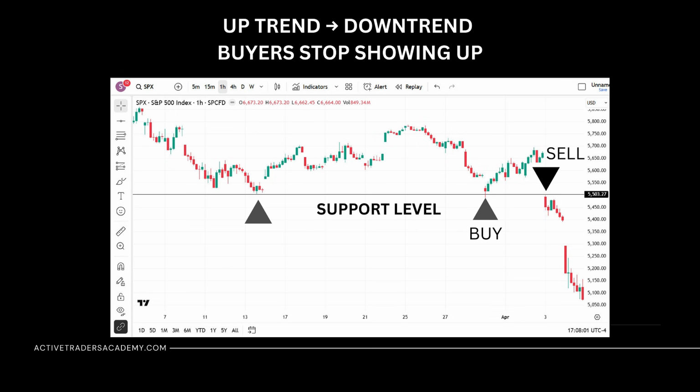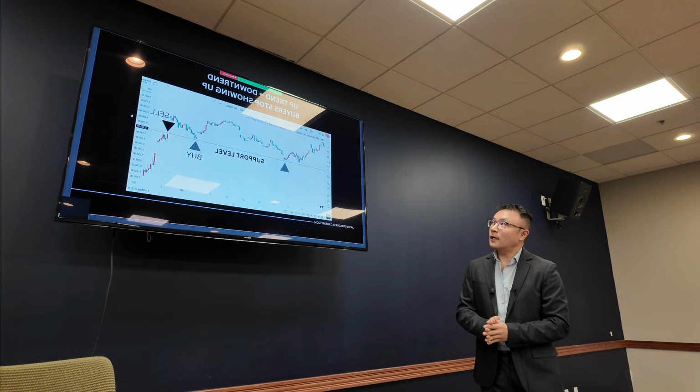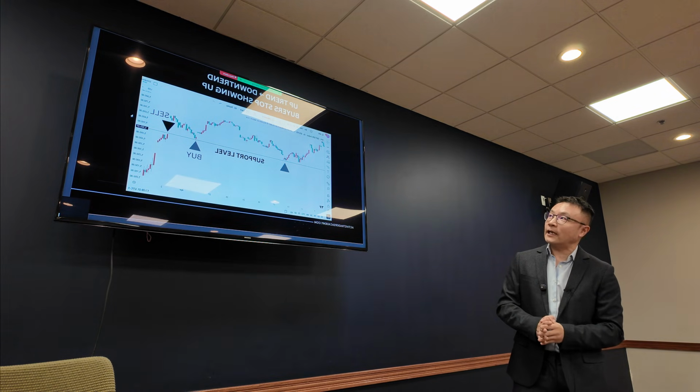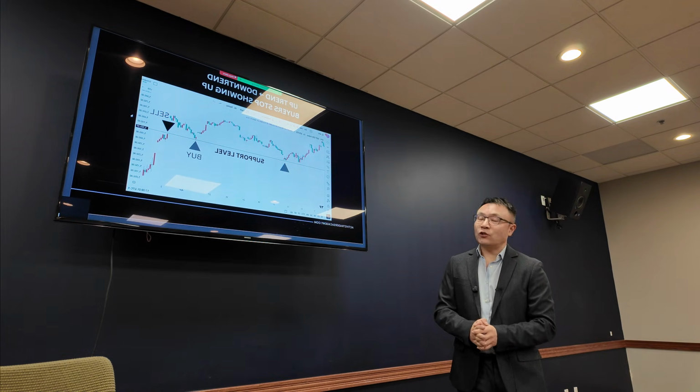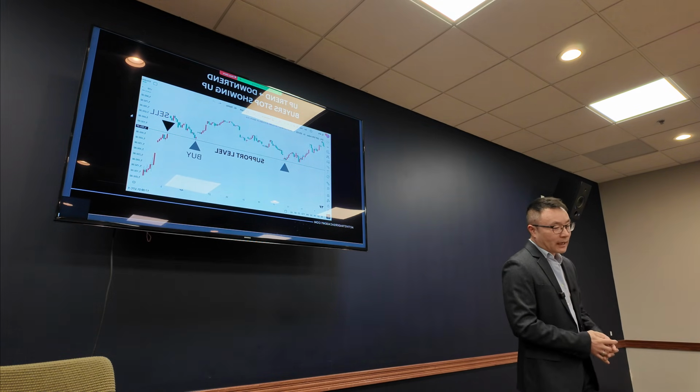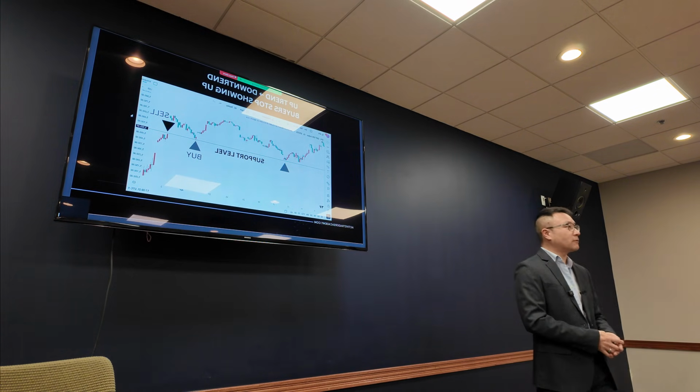A descending triangle, yes. So in this scenario, every time that it bounces, it already gave you a warning sign that once it could not make a higher high, and then it broke the support level, you've got to get out.